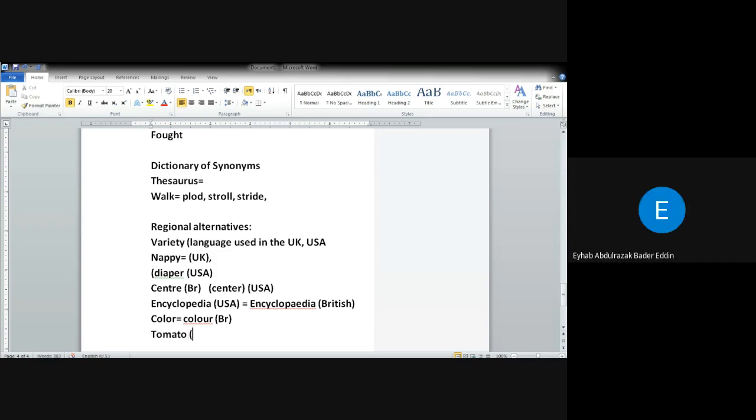What do you think? It is pronounced one way in British English and another way in American English. So all these are given in terms of pronunciation in the dictionary. Okay? Clear?